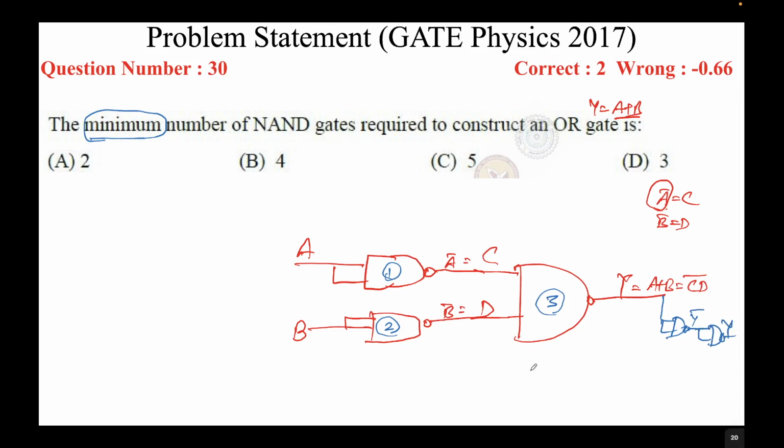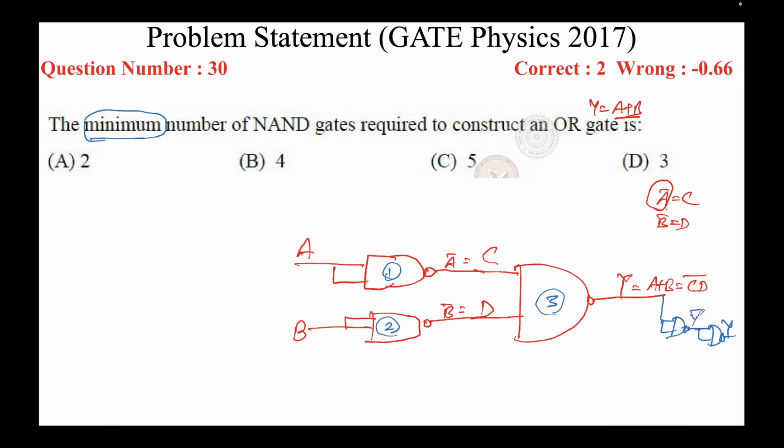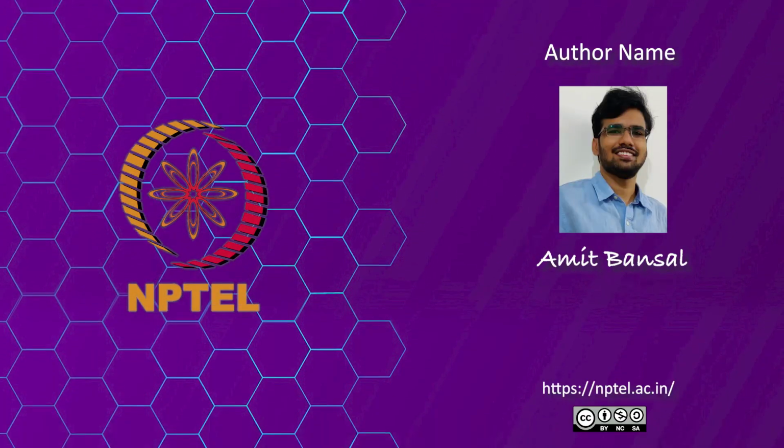You are using 1, 2, 3, 4, and 5, right? Which you don't actually require, so this is not adding any value. That's why the question is the minimum number of NAND gates. You cannot go below 3. You can go higher, 5, 7. Hence the answer will be D, 3. Thank you for listening.